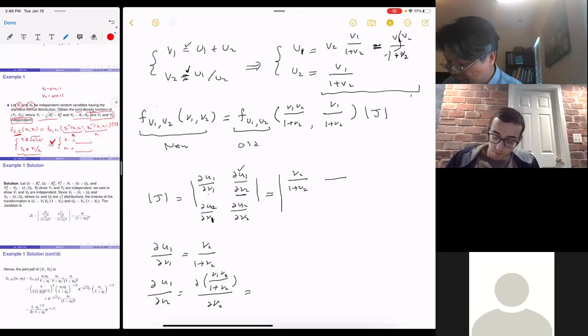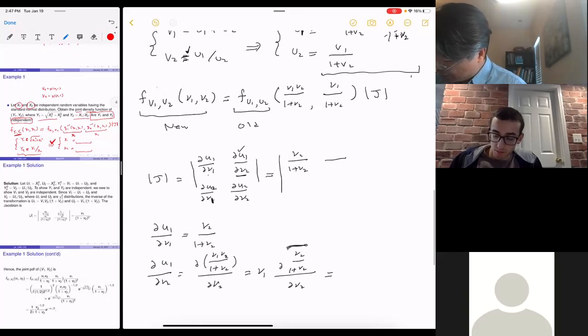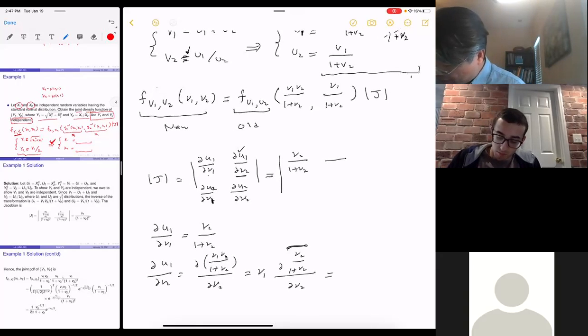You do have V1 as a constant for sure, but this one involves the ratio, so it's not that easy to derive the partial of V2. It's right because this is a ratio right here. You know that, right? In calculus class. It takes time for me to do that partial right here.